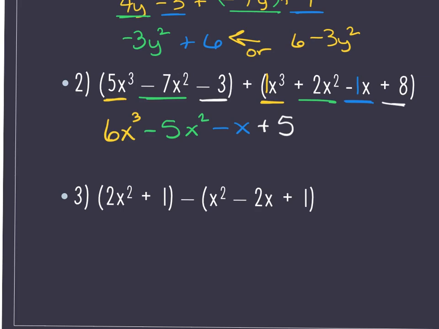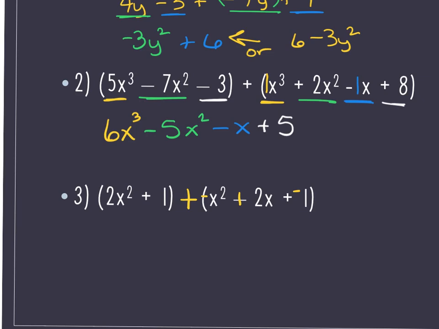I change the sign that's in between here to a plus sign, and then I change all of the signs in the second polynomial to the opposite of what they are. So I either think of this as a stay, change, change, or a keep, change, flip, however you want to think of it. Just remember that you're subtracting all of the terms.